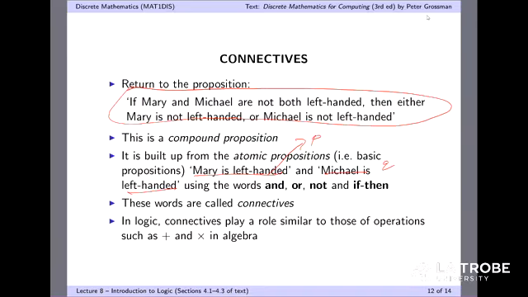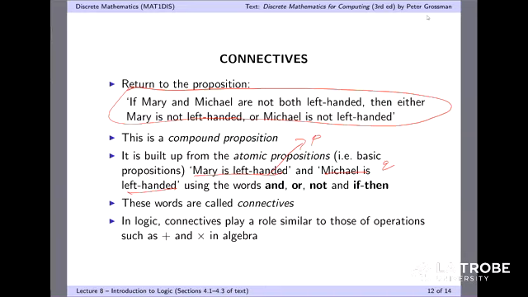So you started off, if Mary and Michael, so there is an if statement, so there has to be this thing somewhere, if-then. And here, you're saying Mary is not left-handed or Michael is not left-handed. So not P, where P is Mary is left-handed. If I put not there, that means Mary is not left-handed. Or Michael is not left-handed.